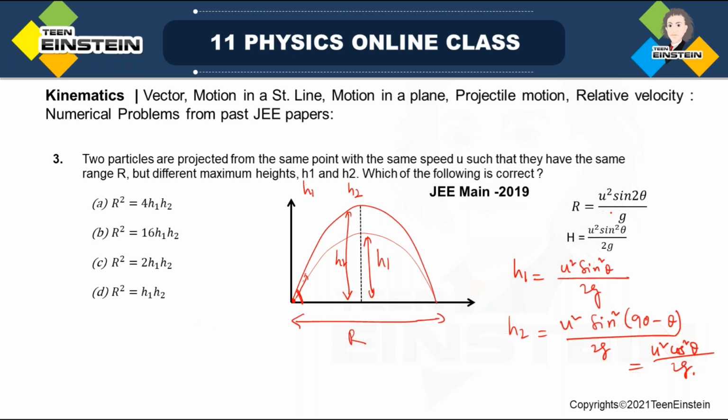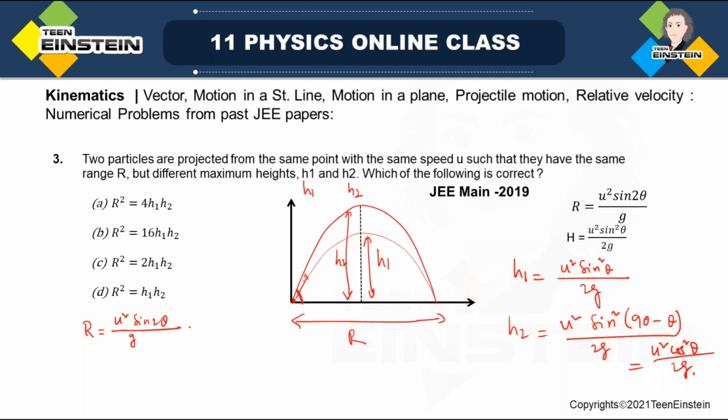Now this is the range. Now we can write the range here. Range is actually given by u square sine 2 theta divided by g.